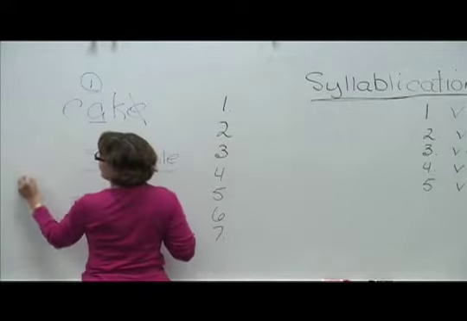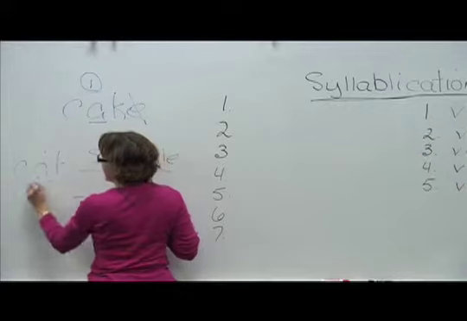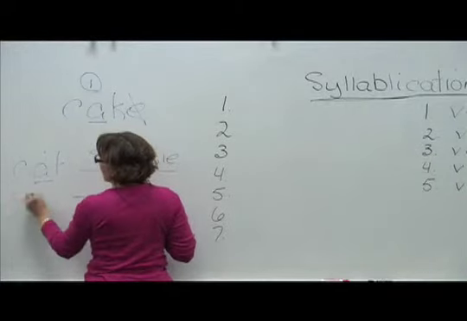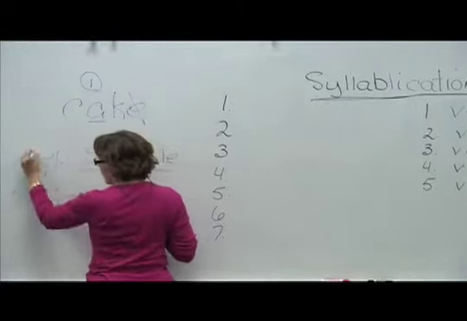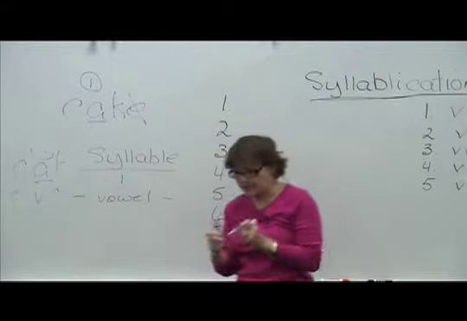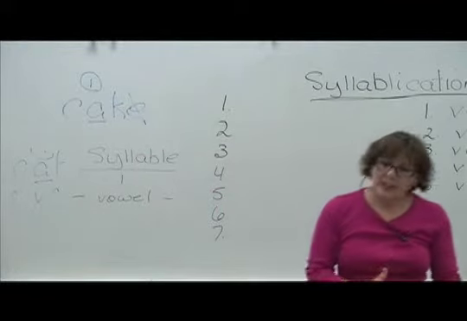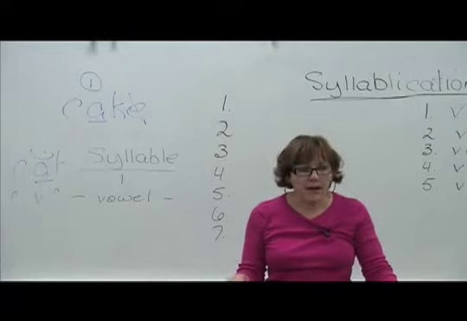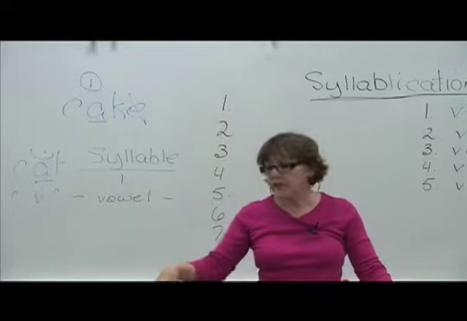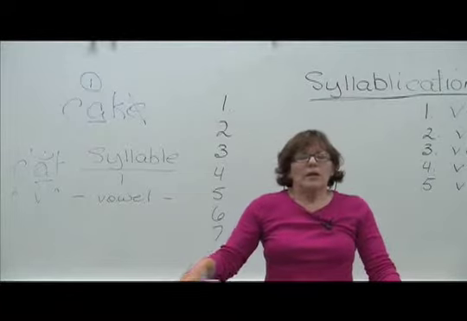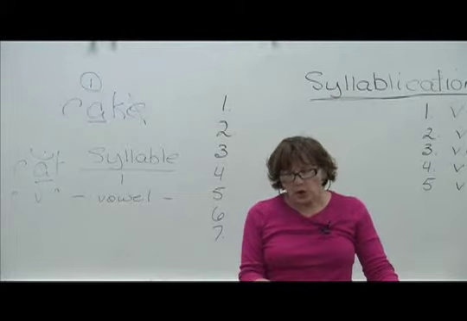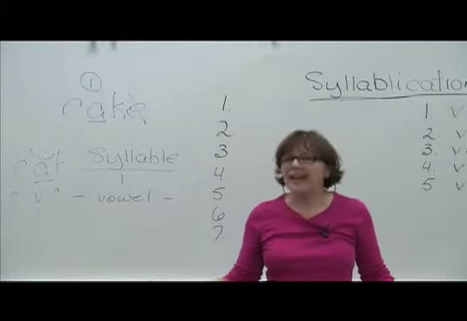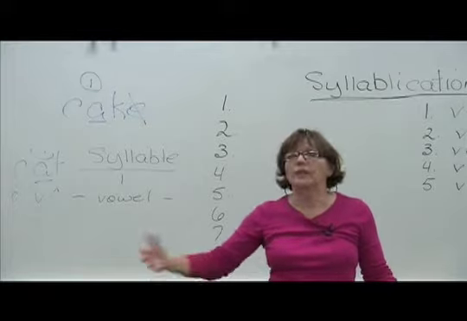If I take the word cat, that is a consonant vowel consonant word. It's a short vowel. I have a one syllable word. So if I take that to the next level of a definition of a vowel and words and syllabication, that means that a word will have as many parts as it has vowels that you can hear.